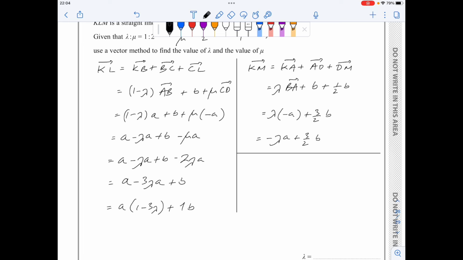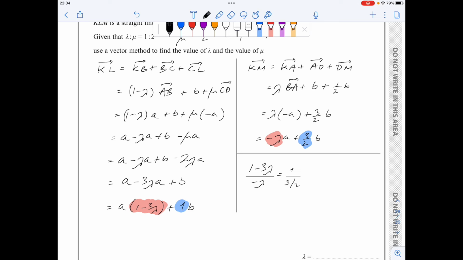Finally, as I said before, the ratio of the coefficients of a, which is this one over this one, must be equal to the ratio of the b's, which is the 1 and the 3 over 2. So 1 minus 3 lambda over minus lambda equals 1 over 3 over 2.